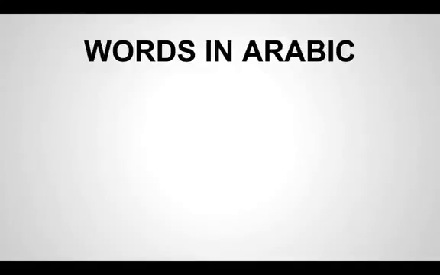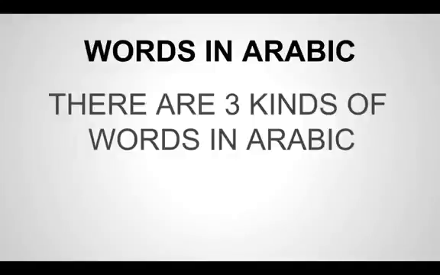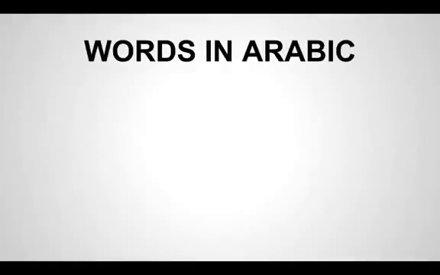So Arabic has simplified and has put all the words together in three categories. There are three kinds of words in Arabic. So what are those? We're going to learn today, inshallah. The first thing we have to know is called an ism, written as ismun.